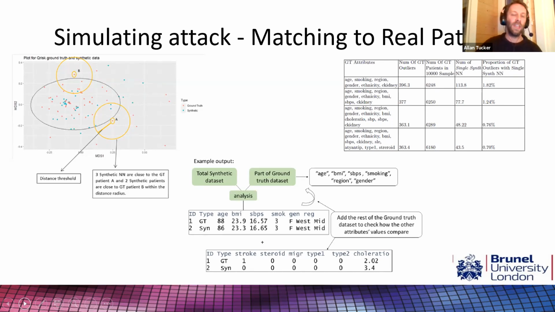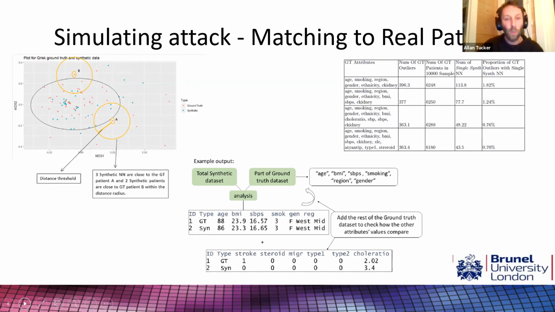And then we wanted to see how likely it was that information could be used to link to outliers in the ground truth data. And what we found, interestingly, was even as you added more attributes to help that person try and find out an individual, we didn't really see much increase in the chance of linking that set of key attributes to real ground truth data points.